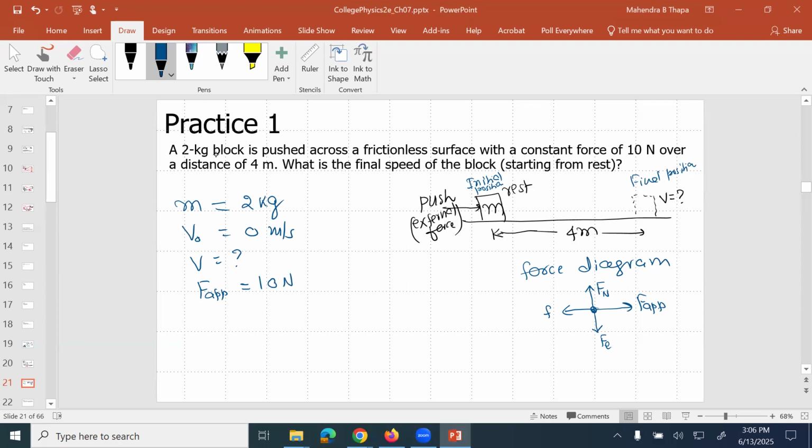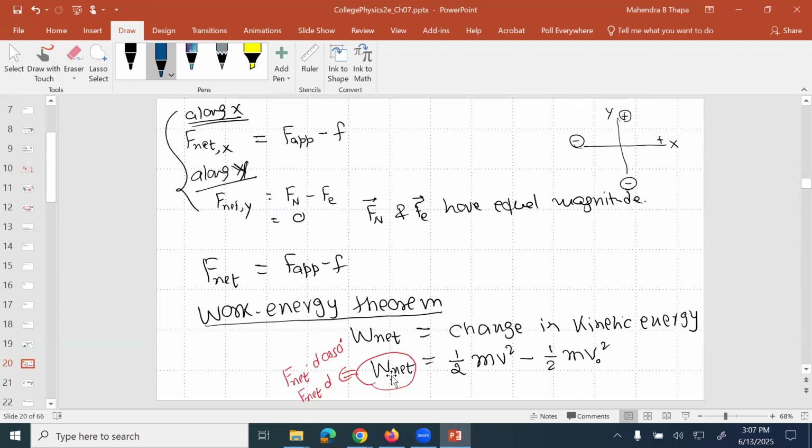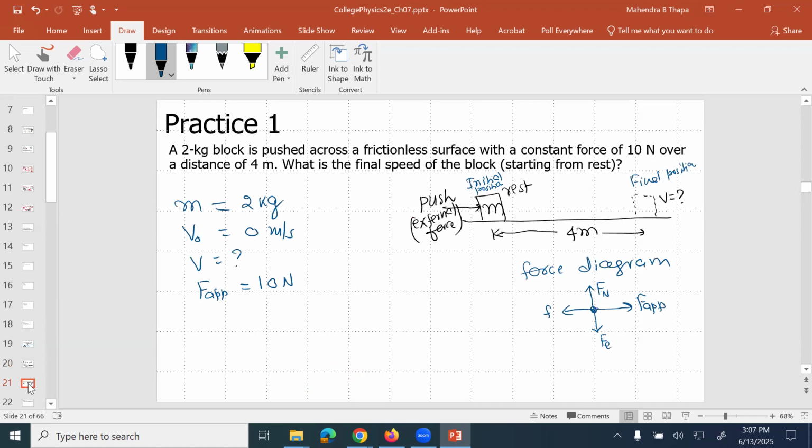Then we want to use the work energy theorem, which is total work done, W net, equals half mv squared minus half m v initial squared. In this case, as before, Fn and Fe will cancel each other.